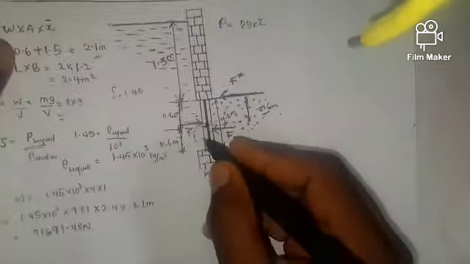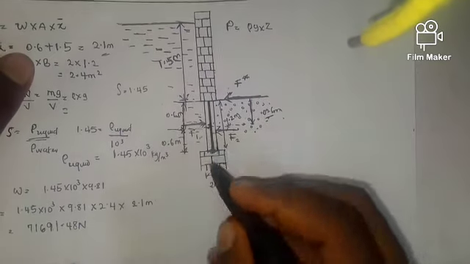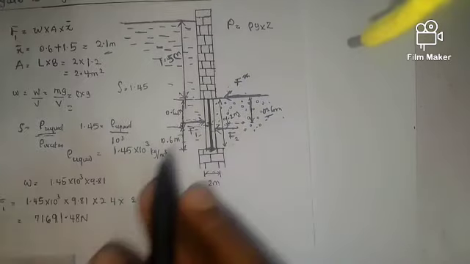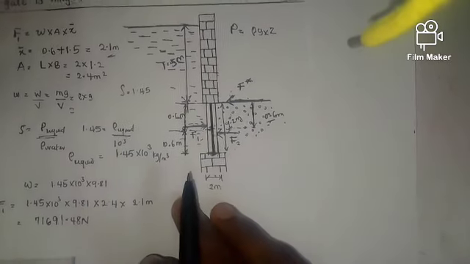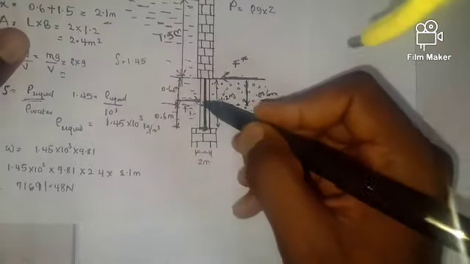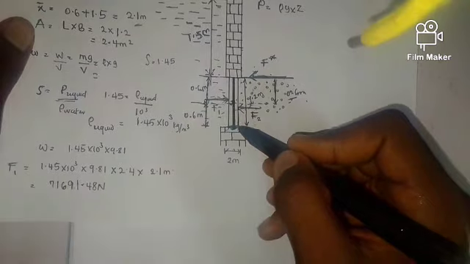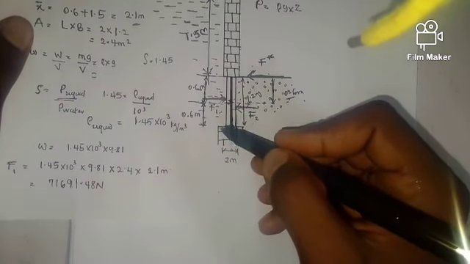So taking moment of F1, since F star and F2 are on the same side, we're going to have some change in signs. Taking F1 to this hinged part, that's the horizontal distance of F1 to the hinged part.